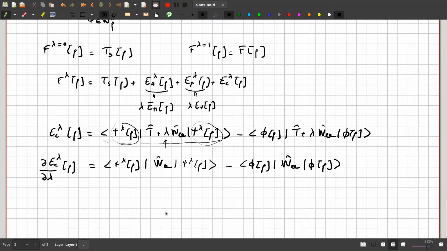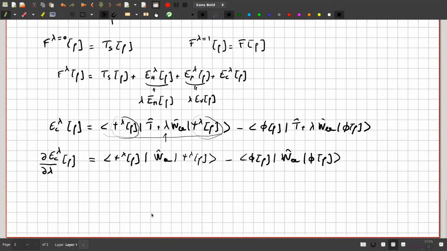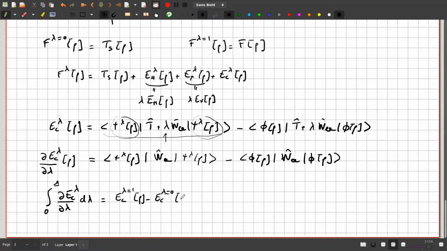And to obtain the correlation energy, now I just need to reintegrate with respect to lambda. So now I integrate over lambda from 0 to 1. Okay, so of course, if I integrate directly this derivative, I find the correlation energy at lambda equals 1 minus the correlation energy at lambda equals 0.